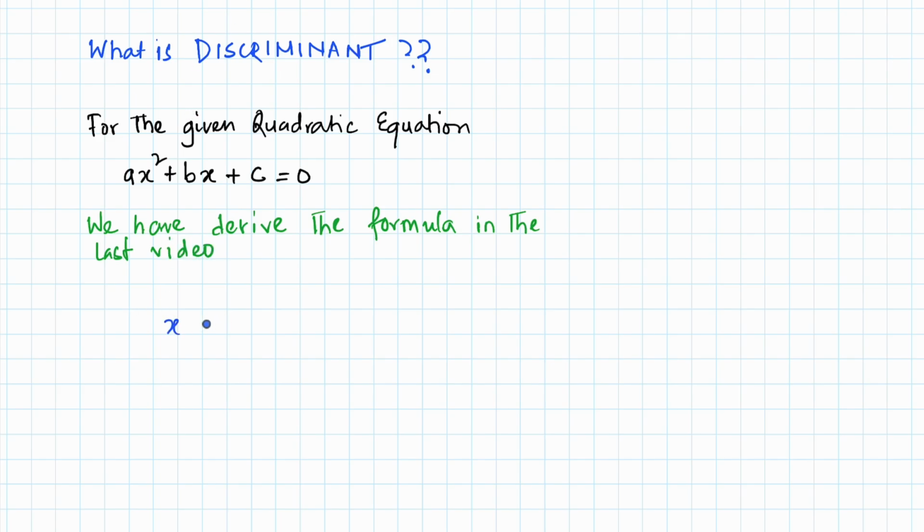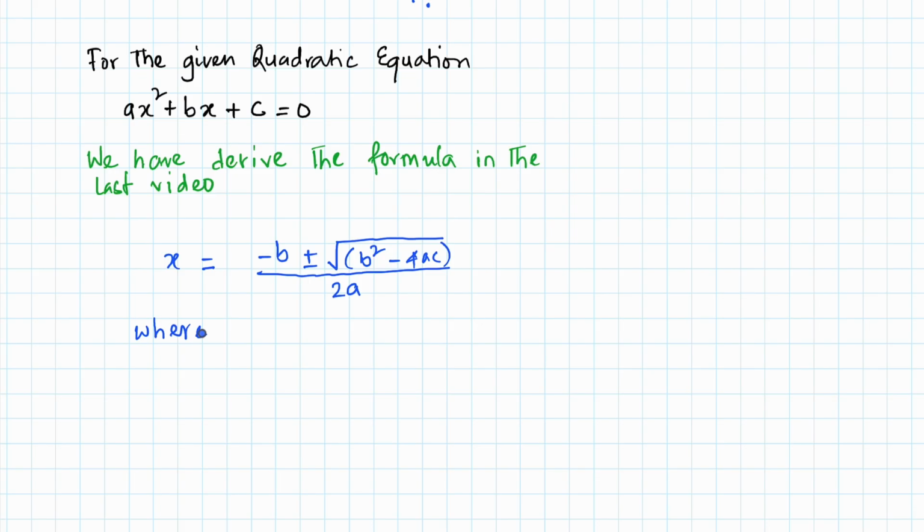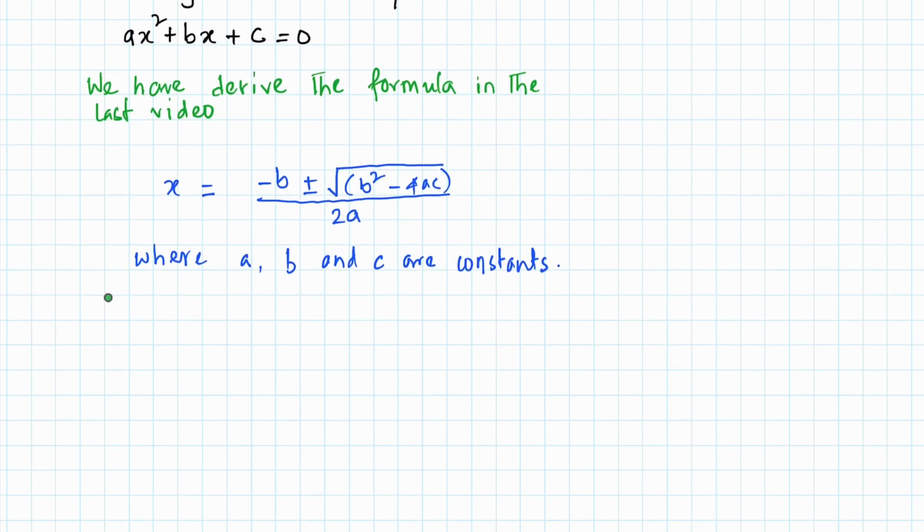What we have derived is that for any given quadratic equation in standard form, the roots of the equation are given by x equal to minus b plus minus root over b square minus 4ac by 2a, where a, b and c are all the constants of the given quadratic equation.